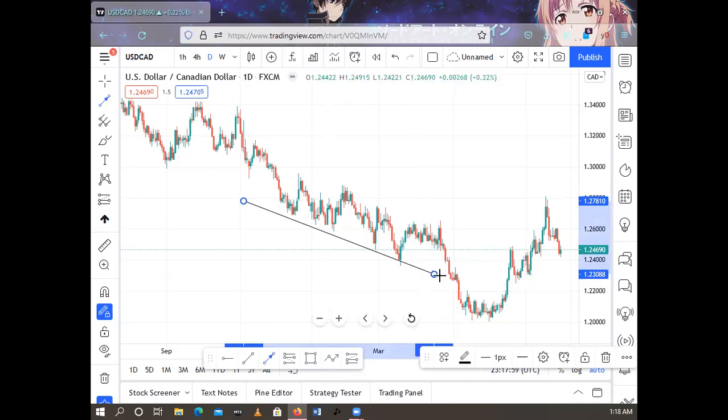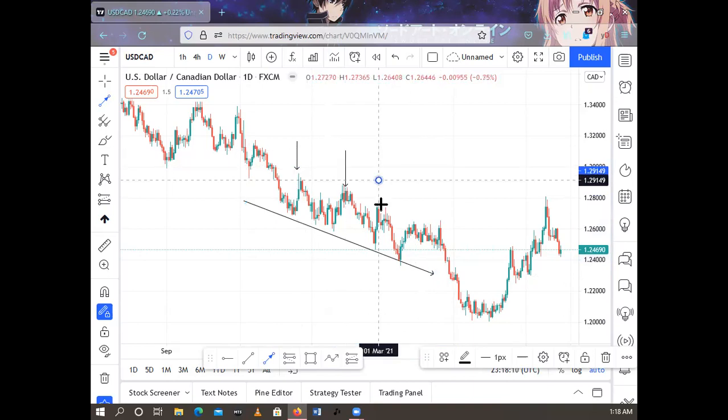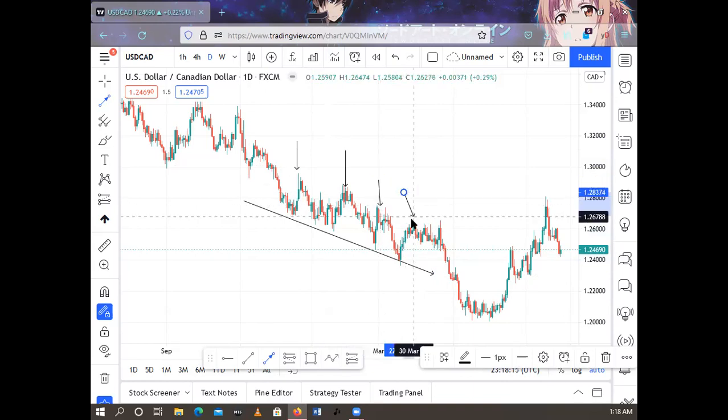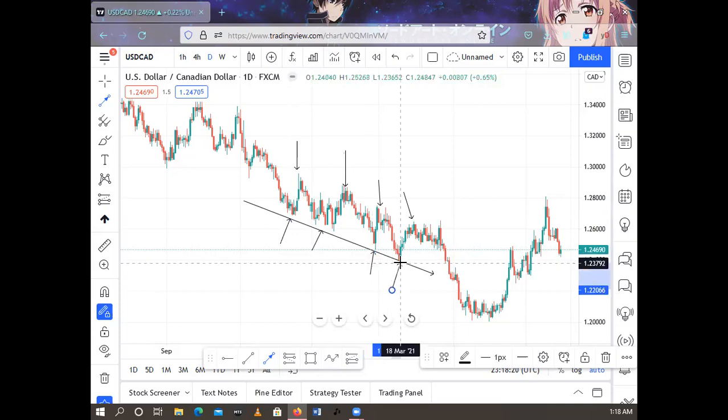Now the directional bias here is to the downside, where we are seeing lower highs here being formed, lower highs here being formed, lower highs here being formed, right? And lower highs here being formed, with the market pushing to the downside, making lower lows, lower lows, lower lows, and a lower low, right?